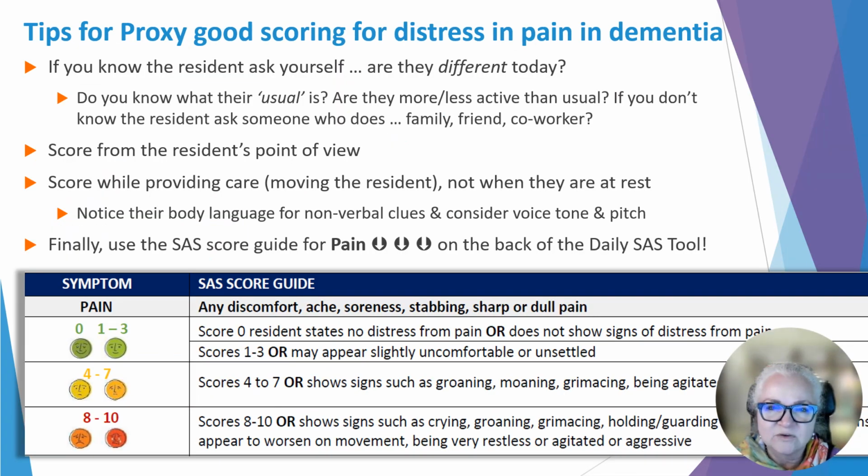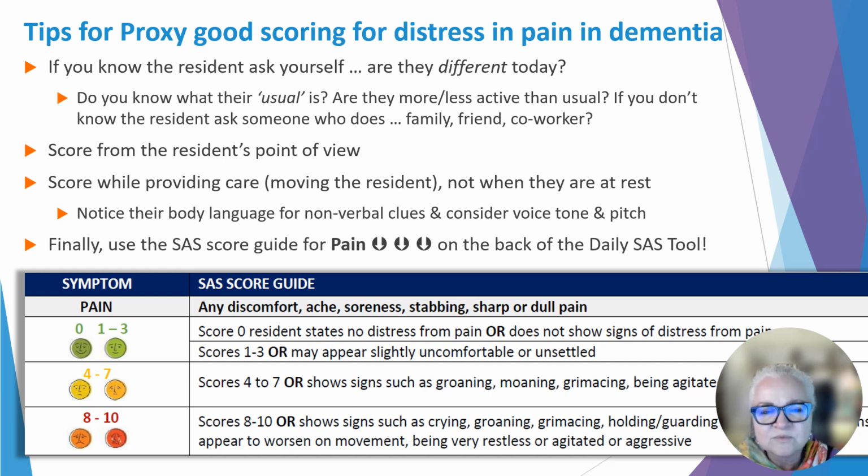If your resident is no longer able to understand you when you ask questions about how much pain may be bothering or distressing them, there is a guide to help you make a decision on their behalf. Whenever you make a decision on behalf of someone, it's called making a proxy decision or being a proxy for someone.